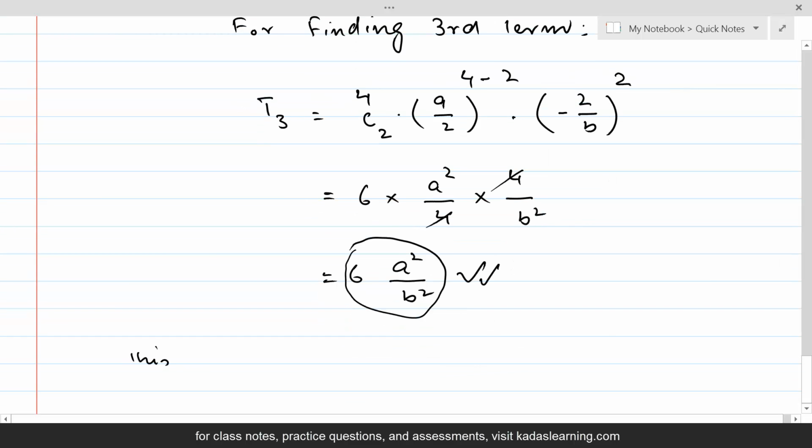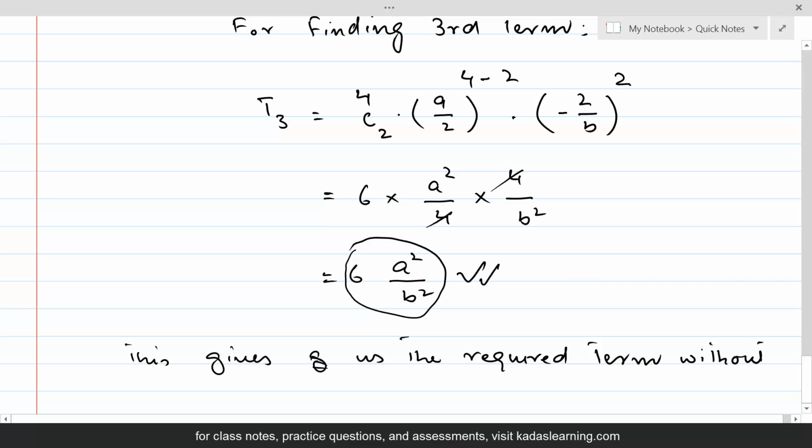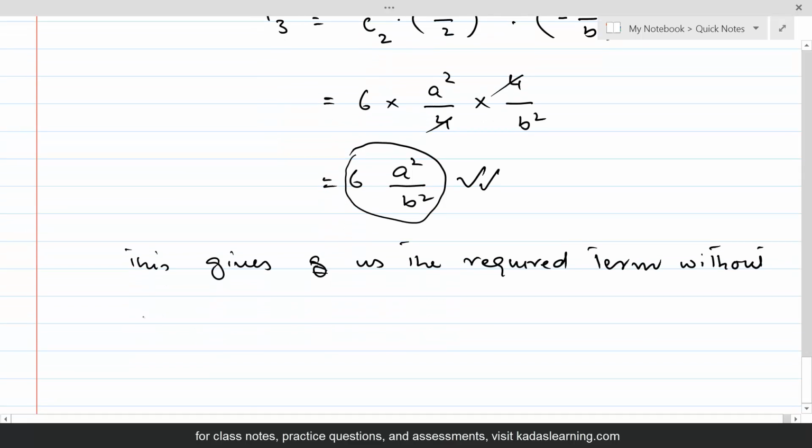This gives us the required term without actual expansion in full. So that is how we can utilize the general term.